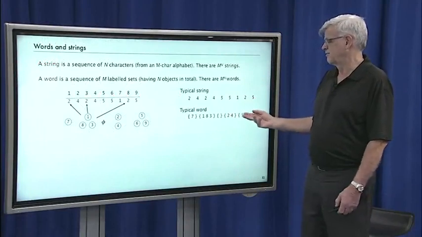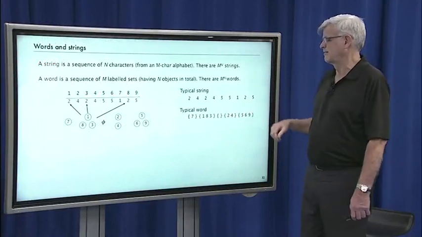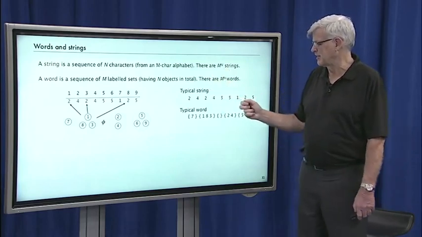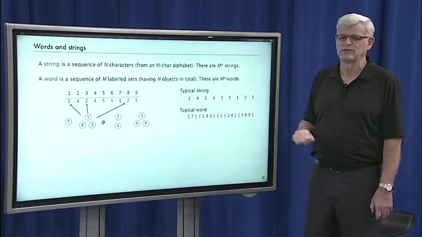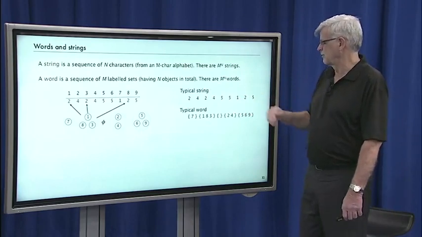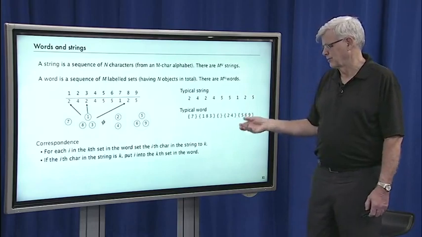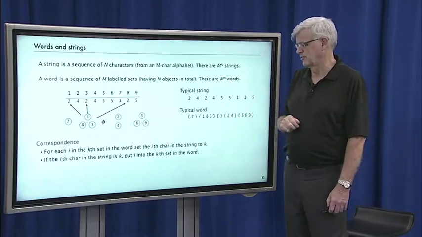There's no 3. 4 appears in position 2 and 4, and 5 in positions 5, 6, and 9. You can see a direct correspondence between strings and sequences of sets. We refer to sequences of sets as words. So that's the correspondence, just what I just described.